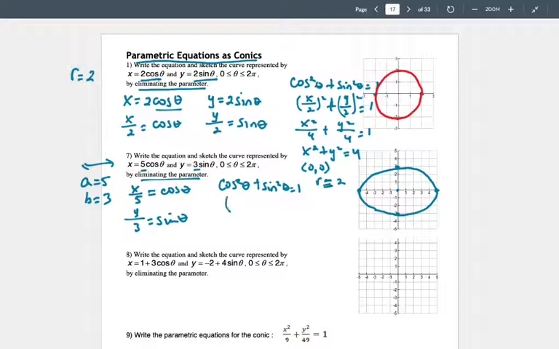So I'm going to go ahead and square that. So that'll be x squared over 25 plus y squared over 9 equals 1. So again, you can see that you have an elliptical standard form equation with an a value of 5 and a b value of 3.